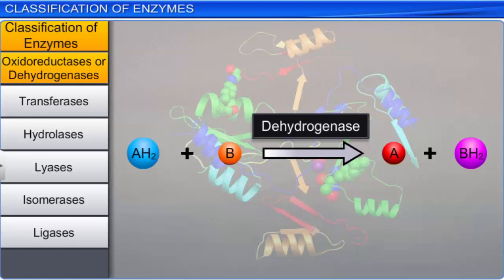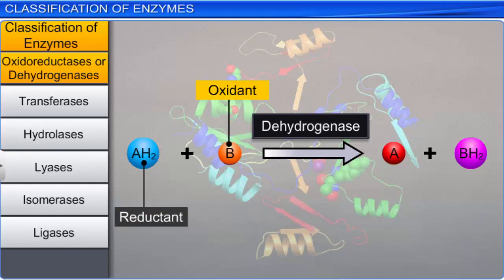Oxidoreductases or dehydrogenases are enzymes that catalyze the transfer of electrons and hydrogen ions from one molecule, called the reductant, to another molecule or the oxidant. Here, the reductant is the electron donor, while the oxidant is the electron acceptor.